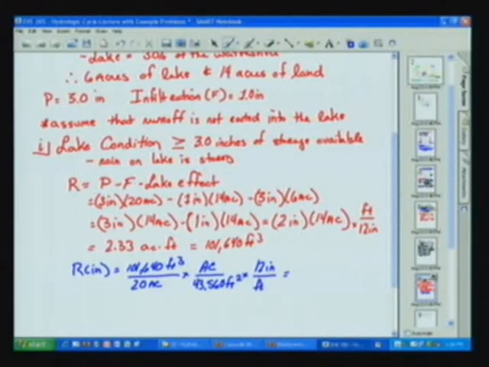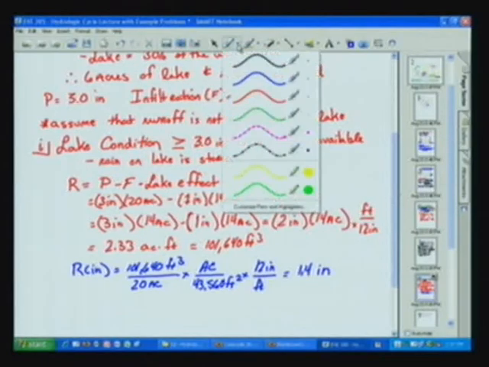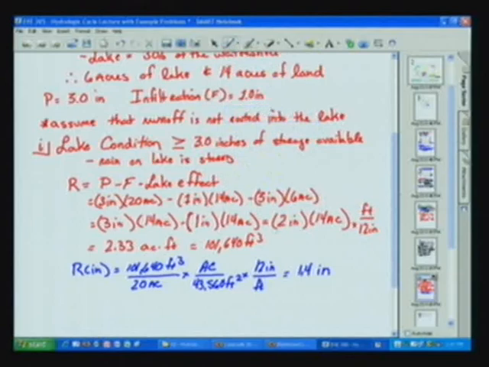My calculation here is 1.4 inches. Okay. So it's important to notice that these numbers can be a little deceiving. Okay? But when we're talking about that 20-acre watershed, we would have 1.4 inches of runoff from it.